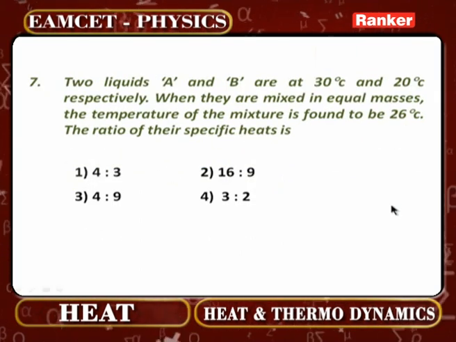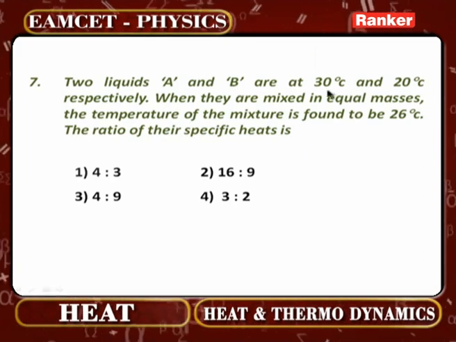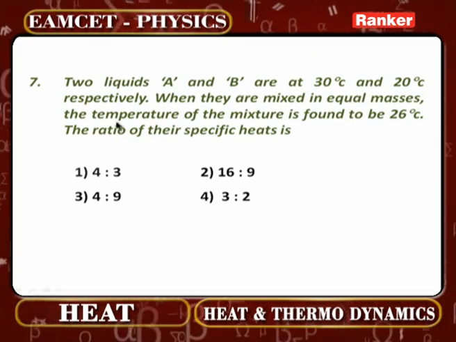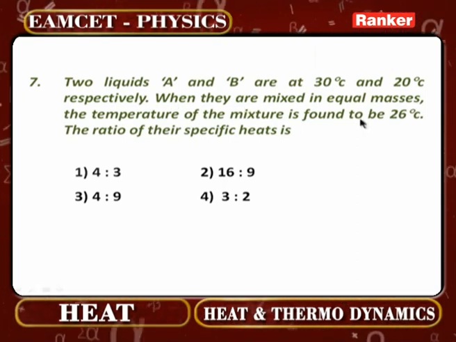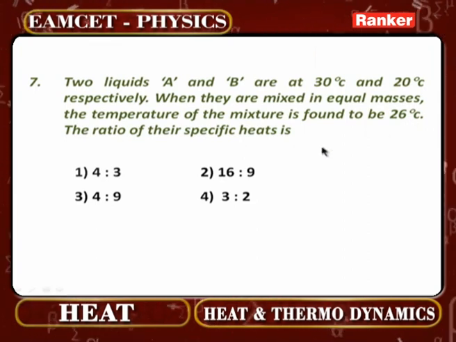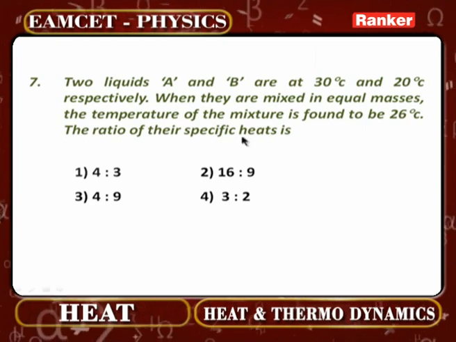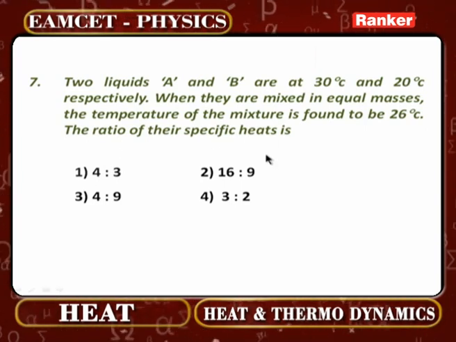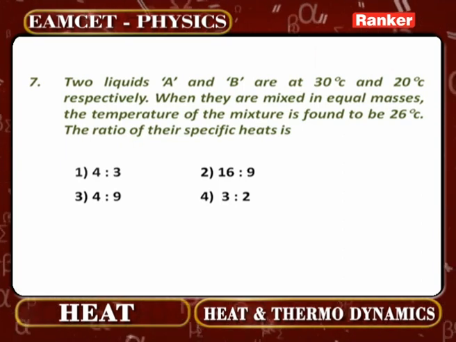Problem number 7 please. Two liquids A and B are at 30 degrees centigrade and 20 degrees centigrade respectively. When they are mixed in equal masses, the temperature of the mixture is found to be 26 degrees centigrade. The ratio of their specific heats is how much? In fact, this is an application of the concept of method of mixtures.